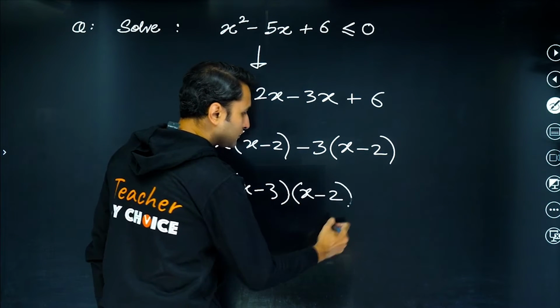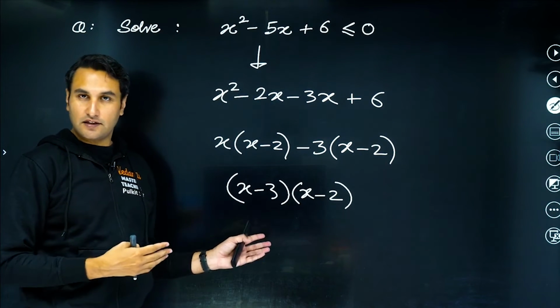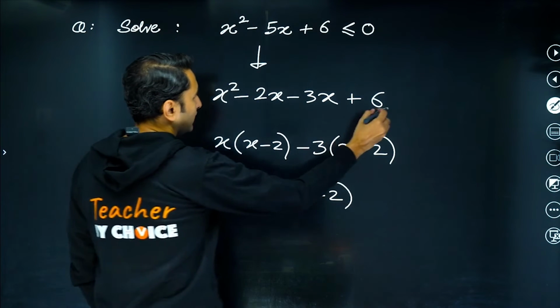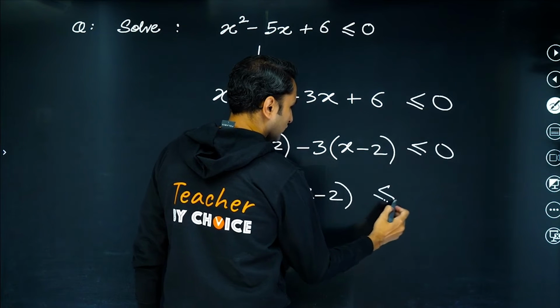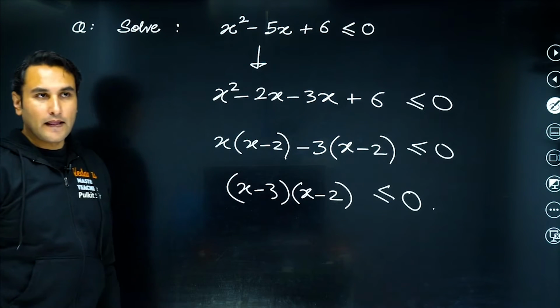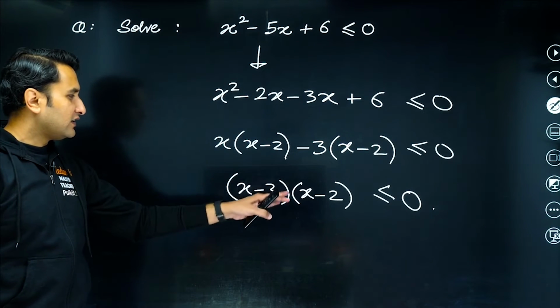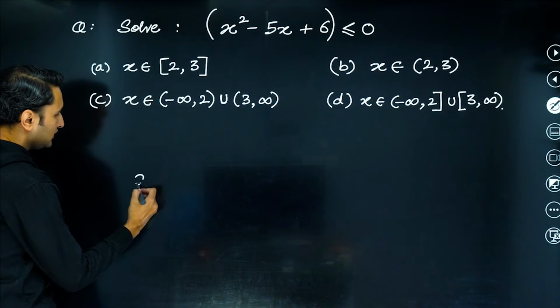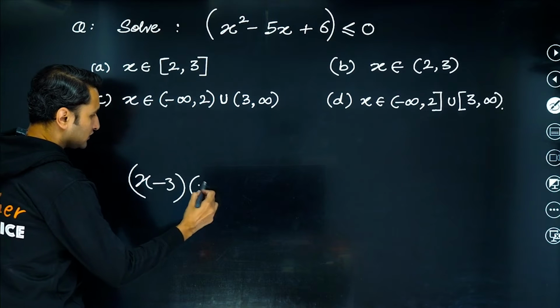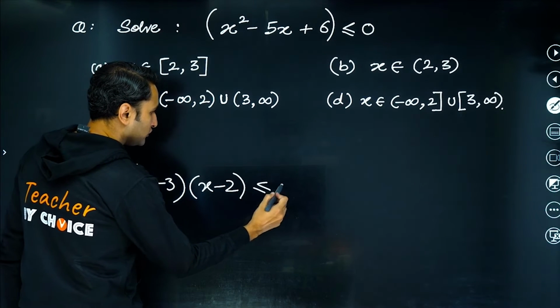I am doing it fast because you have learnt this in your class 10th and 9th as well. Less than or equal to 0. Two factors, less than or equal to 0. You know, right? x minus 3 into x minus 2 less than or equal to 0.